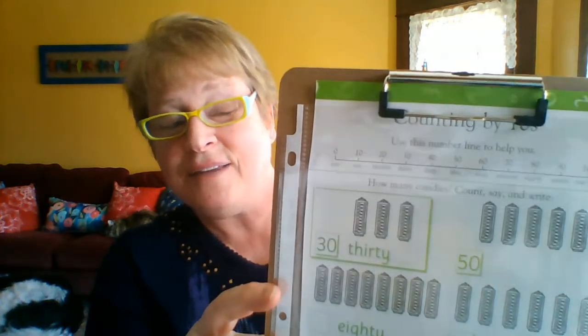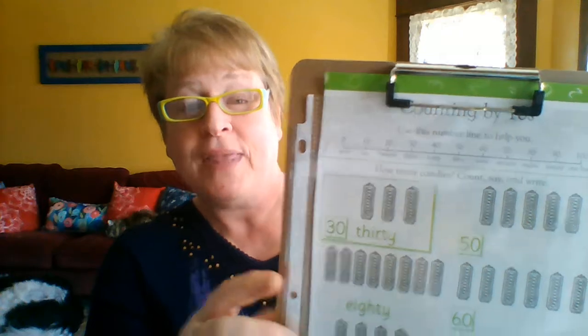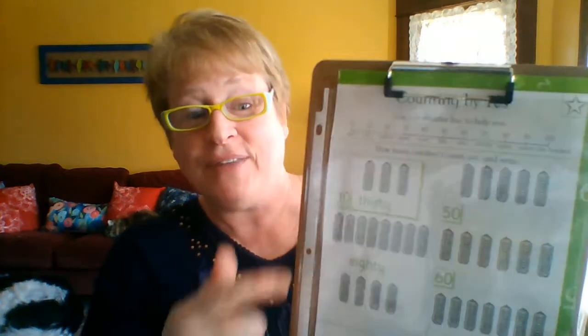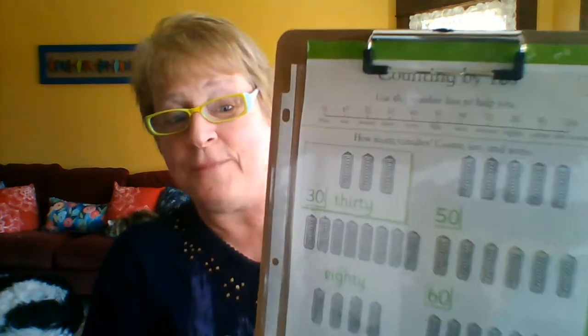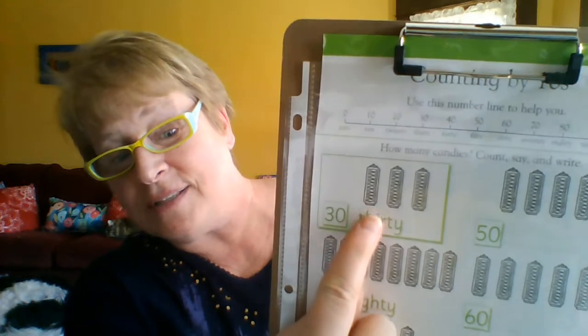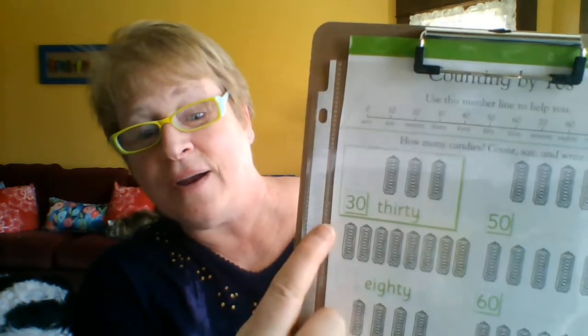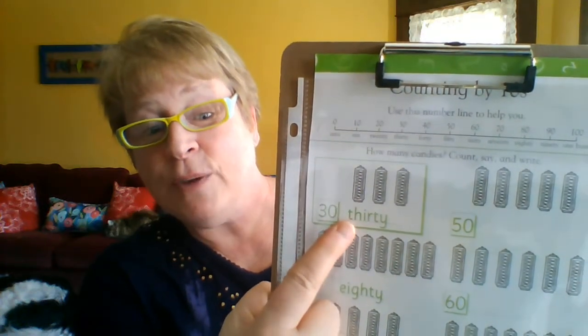And there are 10 pieces in each tray. So when we have 10 in each tray, then we can count by 10. We don't have to count each individual one. So we have 3 trays of 10, 10, 20, 30. So our answer would be 30 pieces of candy. And if we were to spell it out, there's our H brother, Theodore.